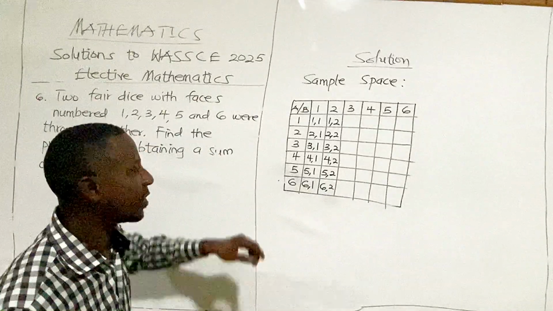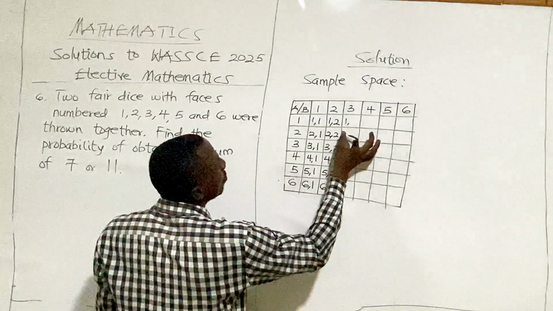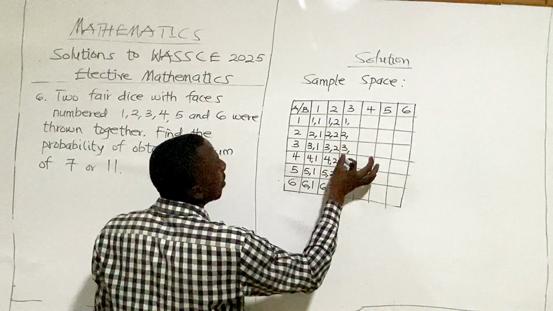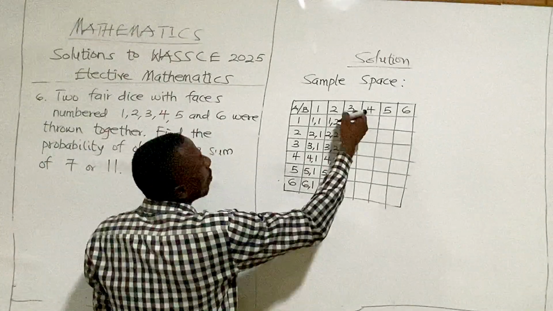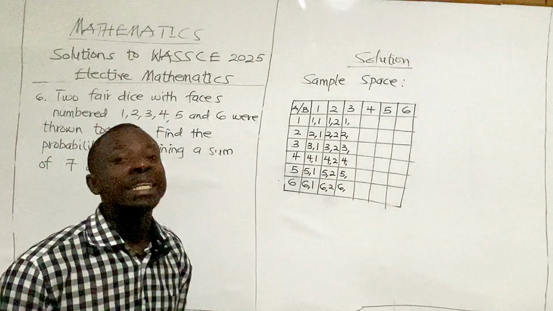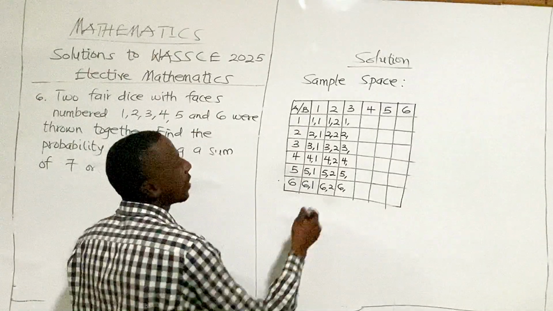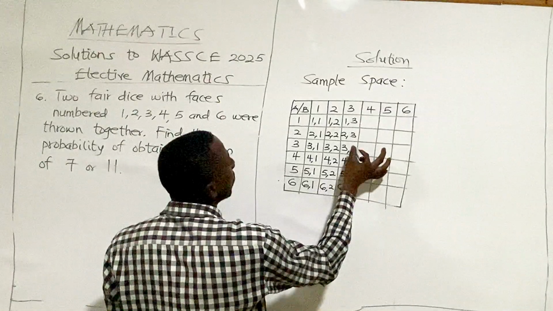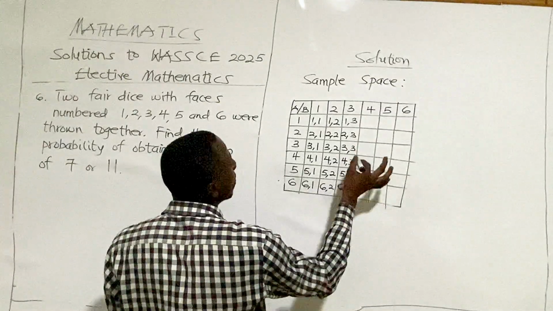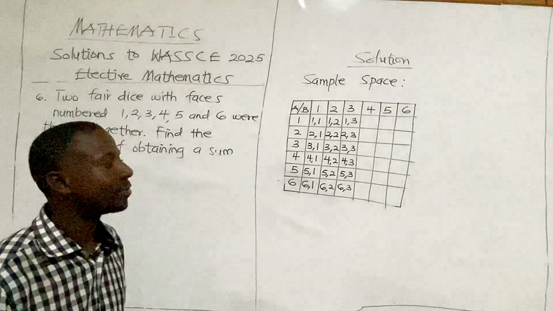All right. Here we still have 1, comma, 2, comma, 3, comma, 4, comma, 5, comma, 6, comma. What number do we have on top? It is 3. So the 3 will run through: 3, 3, 3, 3, 3, 3. Very good.